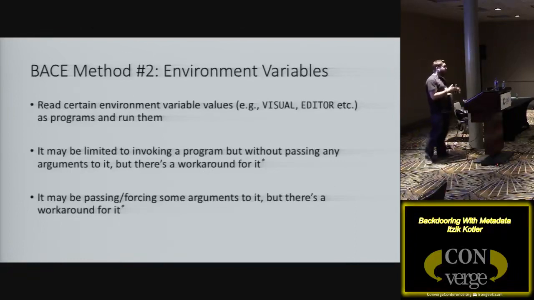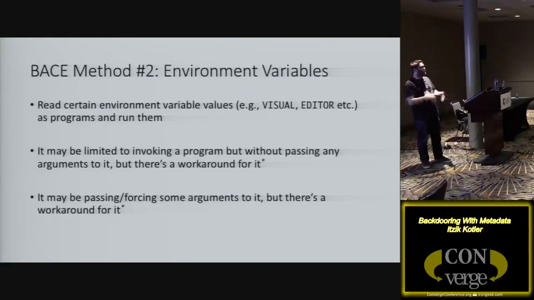A very popular key is the visual editor. Some programs require you to edit a file, and of course they don't want to implement an editor within the program, but at the same time they can't dictate which editor might be on your system. So this configuration is left to the environment variables.